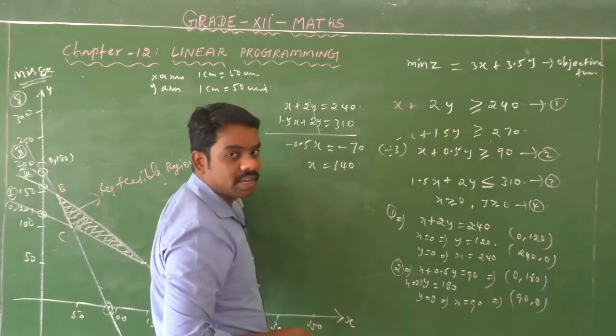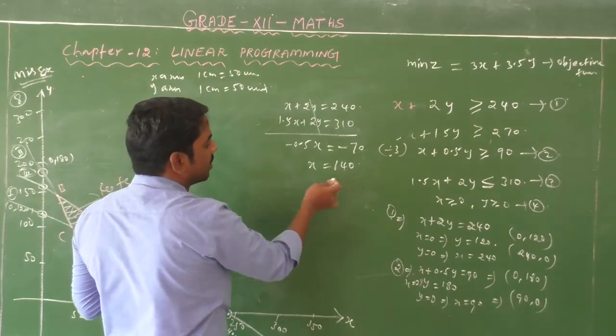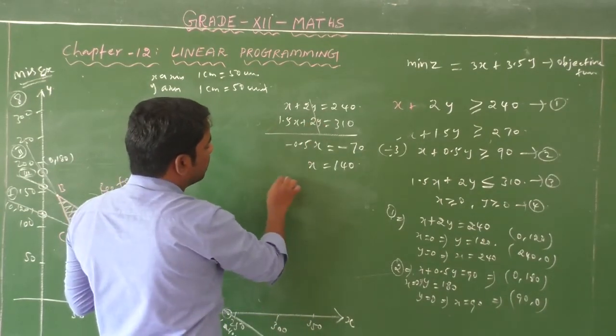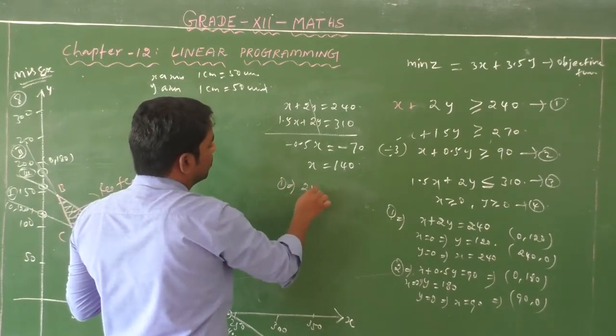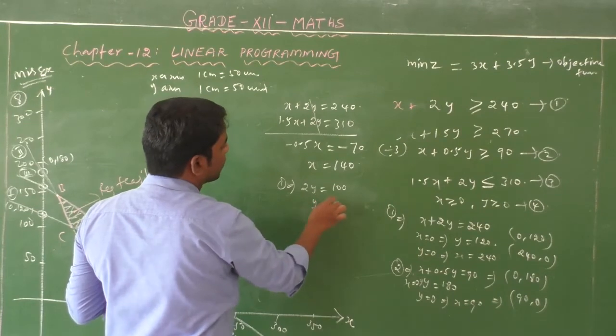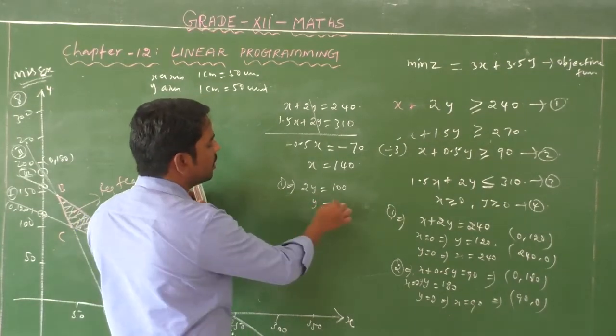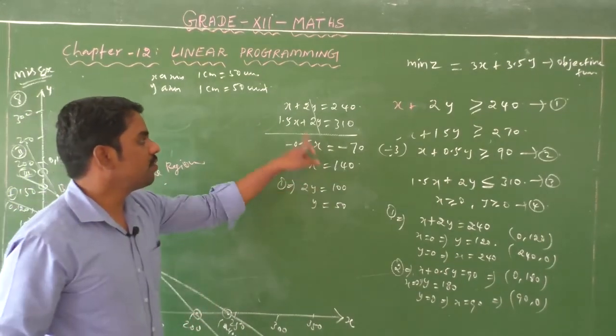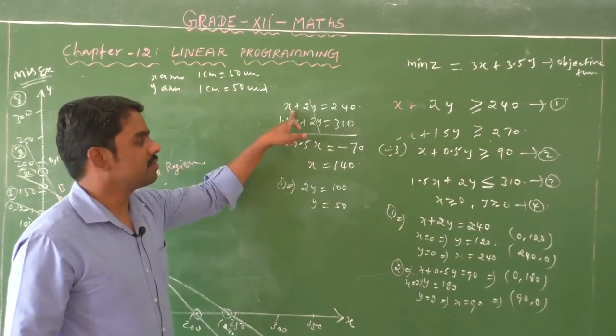So x equals 140. Substitute in the first equation: 2y equals 240 minus 140, which is 100. Then y equals 100 by 2, which is 50. So x equals 140, substitute the value of x.